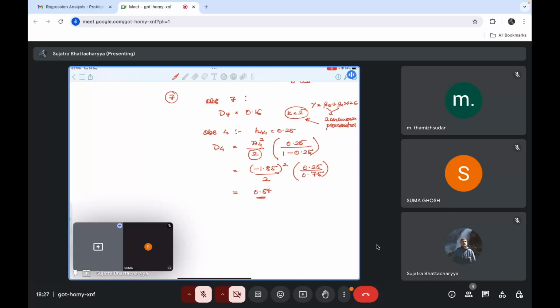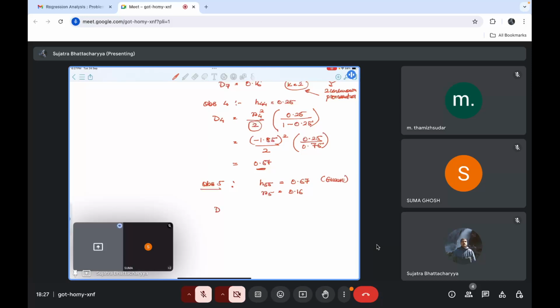Let's go ahead with observation 5 and observation 1. For observation 5, your H55 is 0.67, given from the table. And R5 is 0.16 from the table. So you just have to calculate D5. How will you do it? R5 square divided by K, which is 2, same, it will not change, into H55 divided by 1 minus H55.